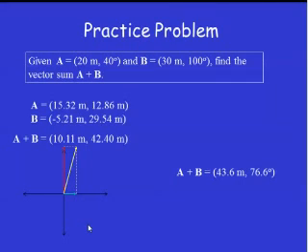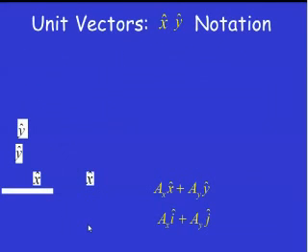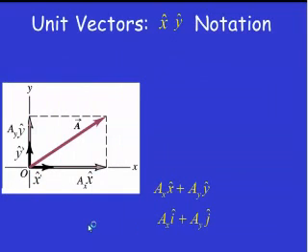That's almost the end. I just want to talk to you about the notation a little bit. Your author uses this little x with the caret above it and y with the caret above it. Physicists usually call that caret a hat, so that's x hat, y hat.